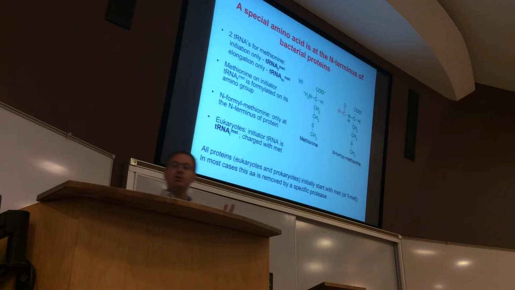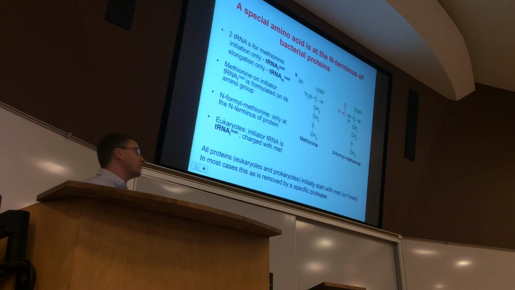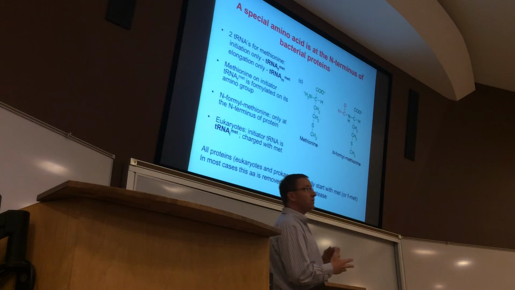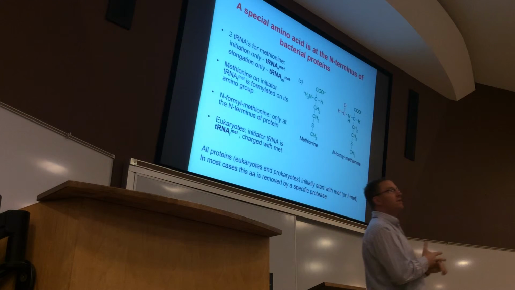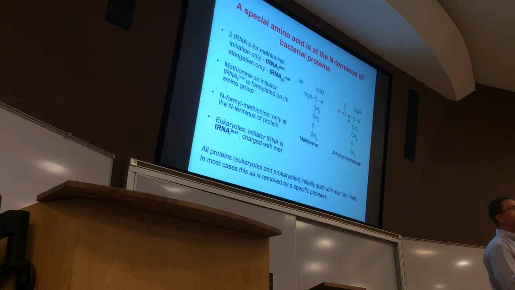So again, there are two tRNAs. There is a tRNA F-met and a tRNA M-met, and that's how they're referred to if you're talking about them around the lab. The F-met stands for formyl methionine, and the tRNA that's charged with N-formyl methionine is exclusively used for translation initiation.